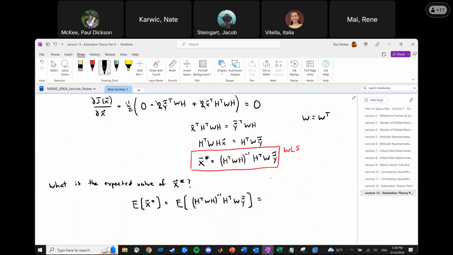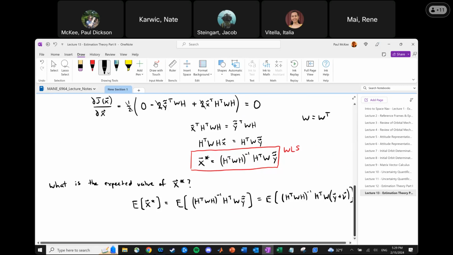Actually, I'm going to do it this way. I think this is going to make a little bit more sense. This is the expected value of (H transpose WH) inverse H transpose W, and then in parentheses, y plus nu. Okay, I'm running out of space on the right side, so maybe I can cheat a little bit.